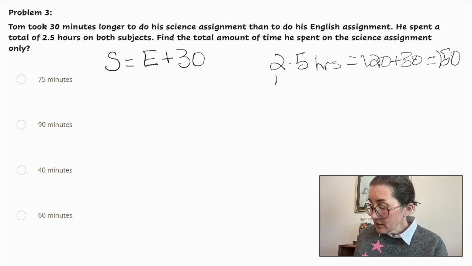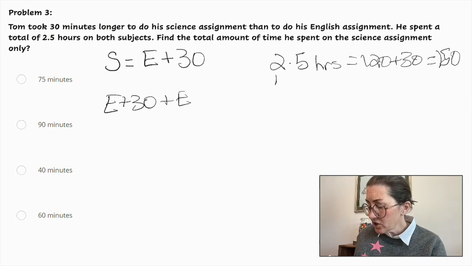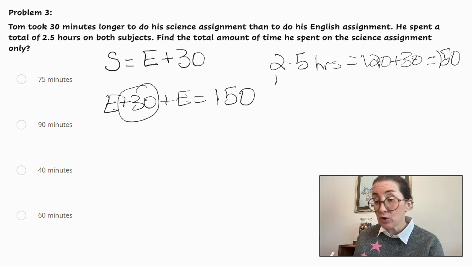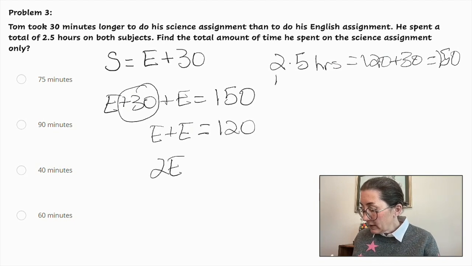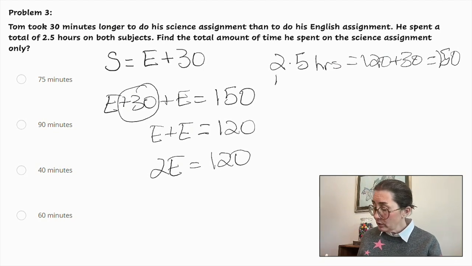We've got science, which is E plus 30, plus English equals 150. We can subtract 30 from each side. So we have E plus E equals 120. 2E equals 120. Divide each side by 2. E equals 60. So let's see if that works.